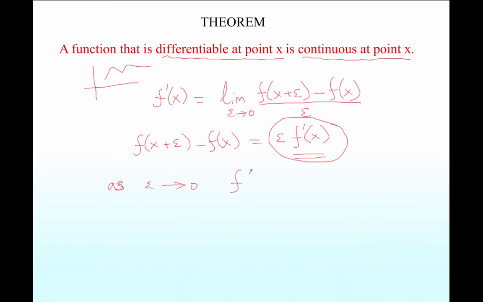In other words, f of x plus epsilon approaches f of x. And that's exactly the definition of continuity. Remember that continuity means that if you take any point and you approach it from the left or you approach it from the right, you get to the same limit. So the function coming in from this direction or from this direction leads to exactly the same value.